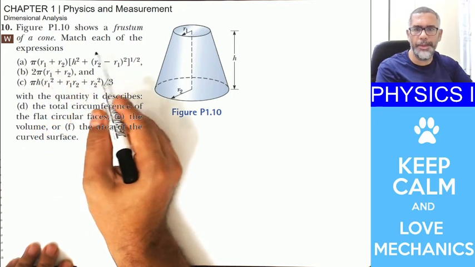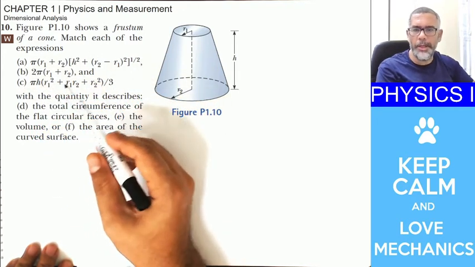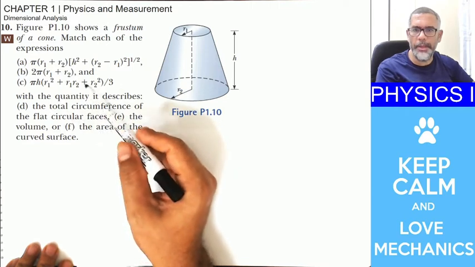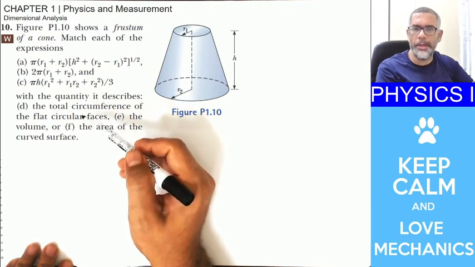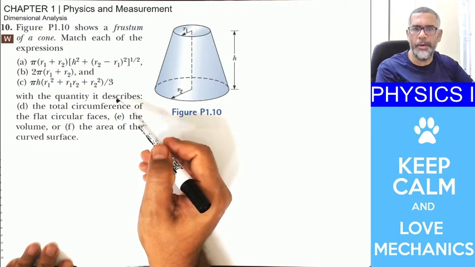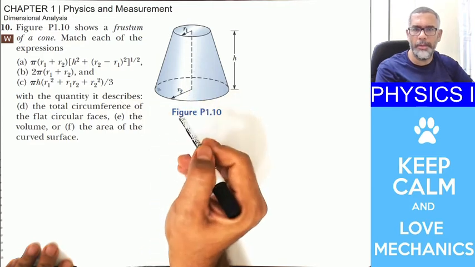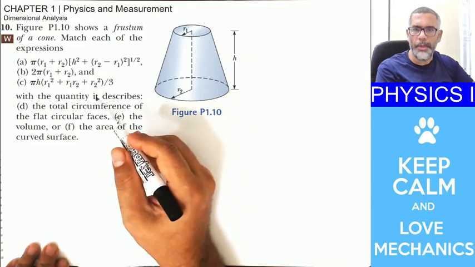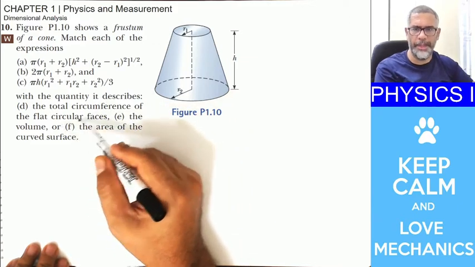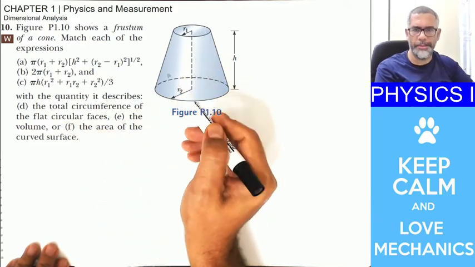Okay, so the question says there are three expressions over here. One of these three expressions gives the total circumference of the top and bottom, the flat circular faces.